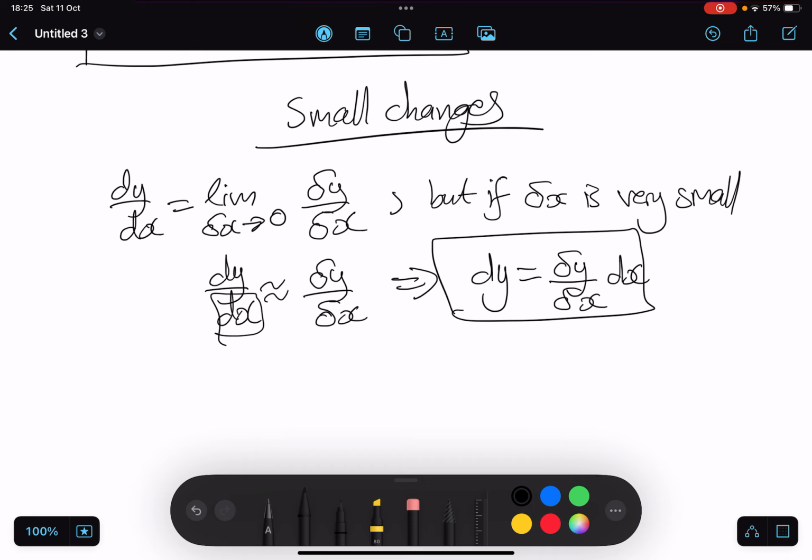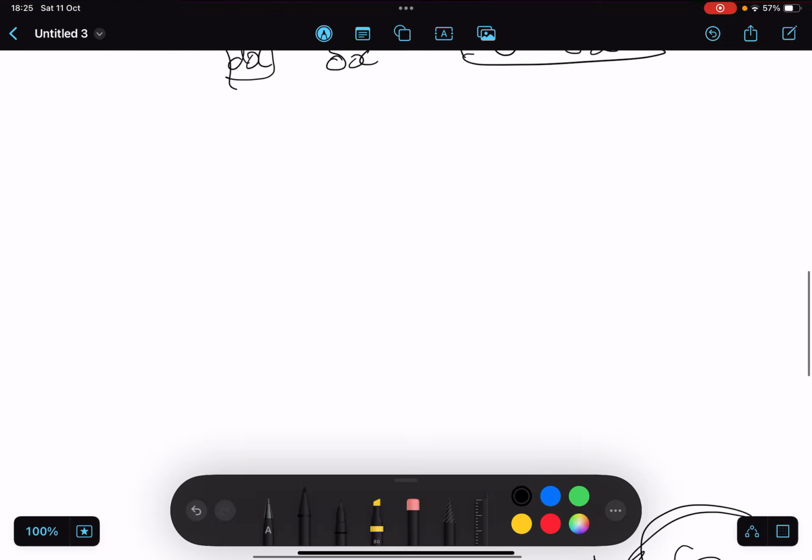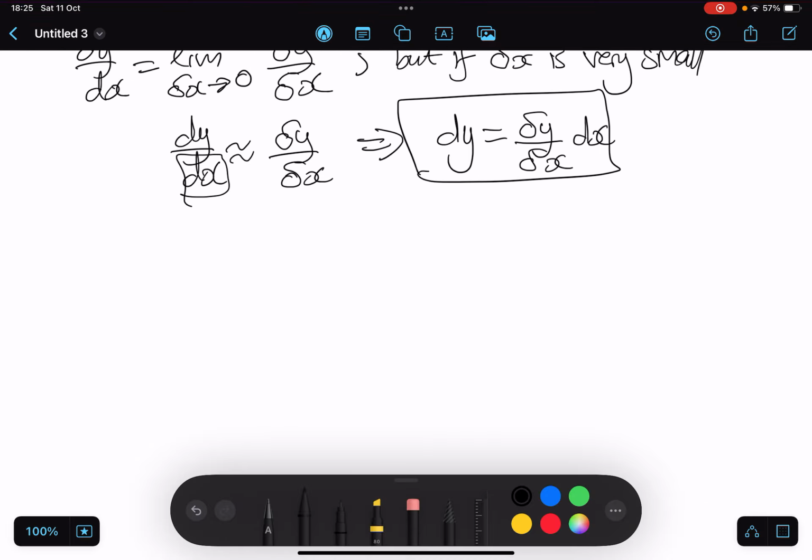So this is the concept of small changes that you are going to use. It's very important, especially in application optimization. Let me expand this concept.